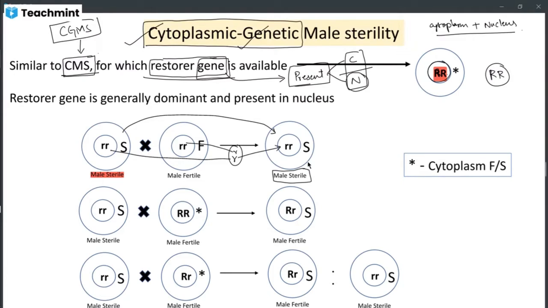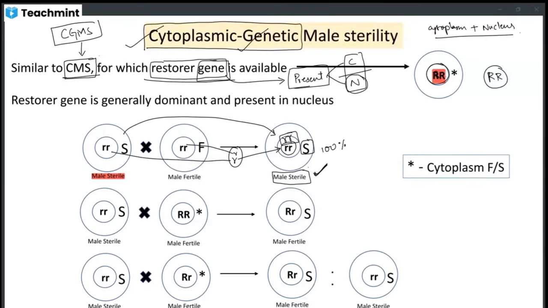So again the restorer gene in the nucleus will be small r, small r, which is homozygous recessive. And then this is the sterile cytoplasm. So the progeny will be 100% male sterile, right? Is it clear?